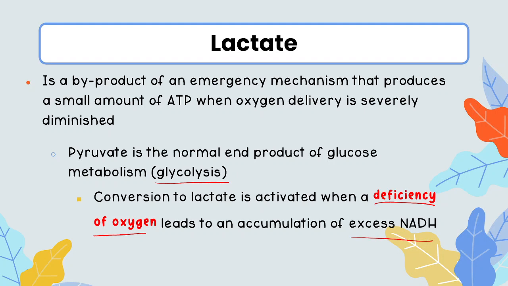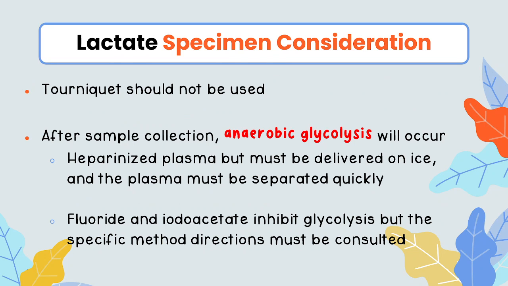So, even if lactate could actually give us a small amount of ATP, we cannot rely on lactate all the time, because there will also be an effect on our body, just like lactic acidosis, kids, because lactate can be converted to lactic acid, and acidity could greatly affect our body, especially if there are changes in the pH.